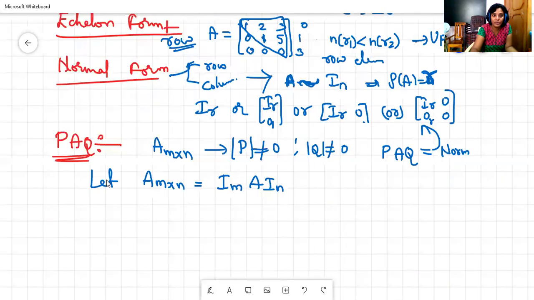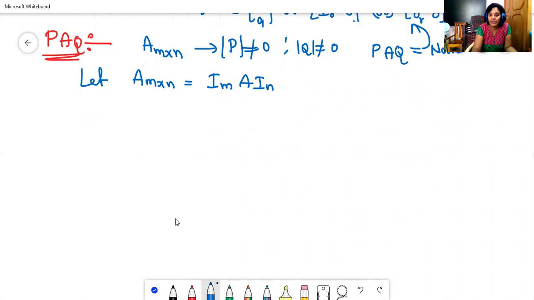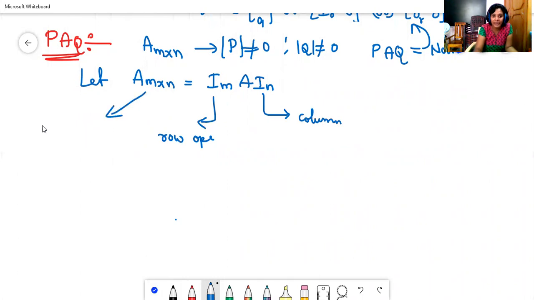In this, we use row and column operations, but we cannot apply the same operations on the same identity. In the prefactor identity, we use the row elementary operation. In the post factor identity, we use the column operation. Okay. Next, in the middle A matrix, we can apply both row and column operations.